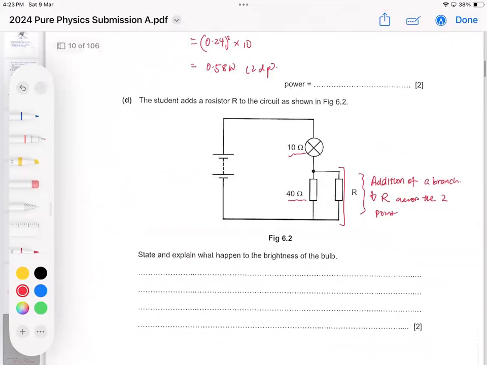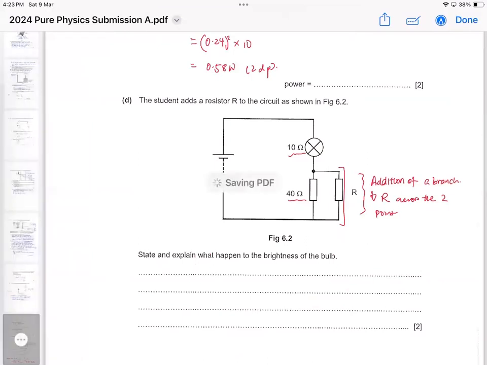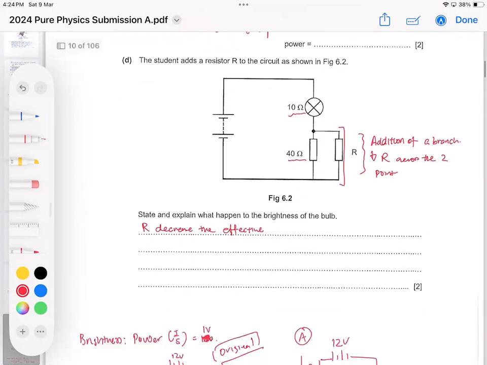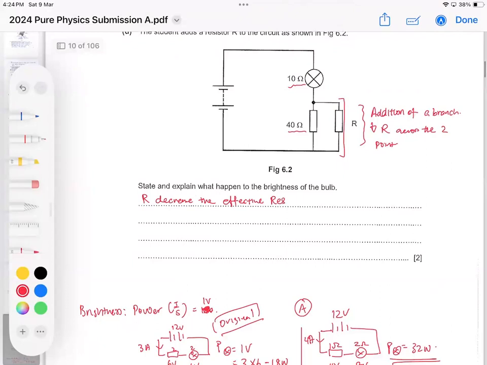So using this as our background information, I would say that R actually decreases the effective resistance across the parallel circuit, which is this part here.